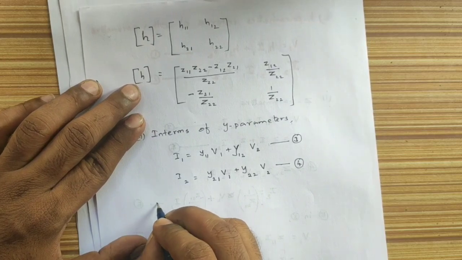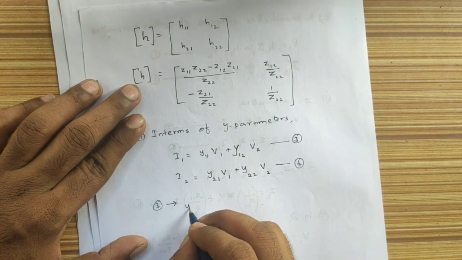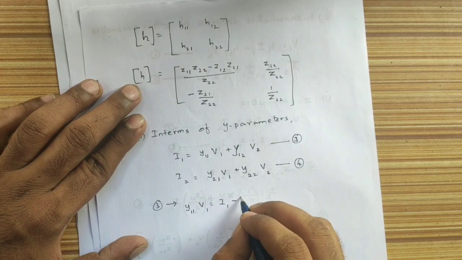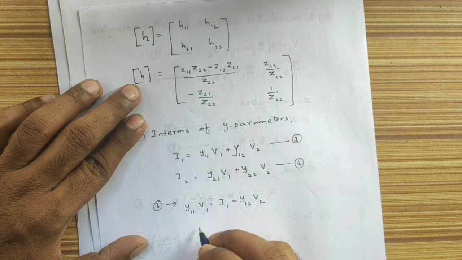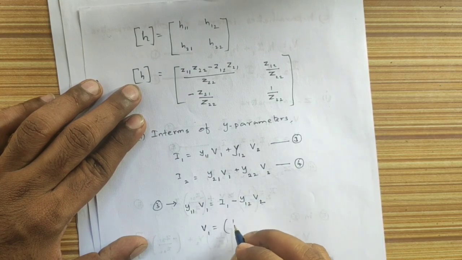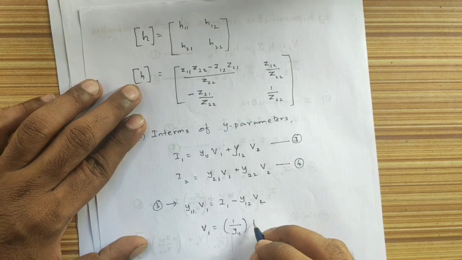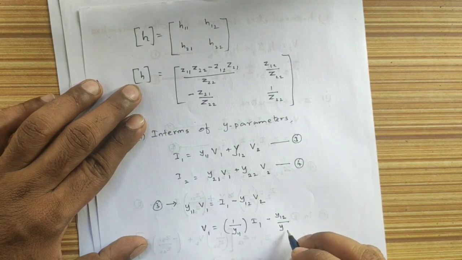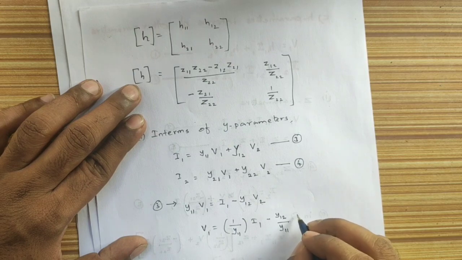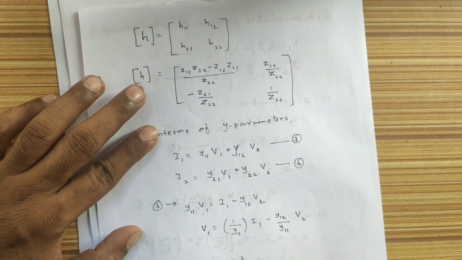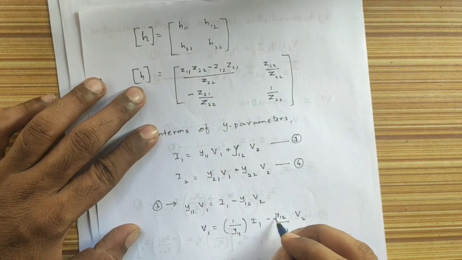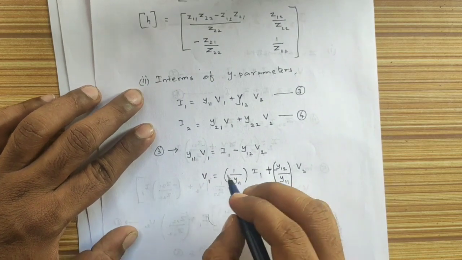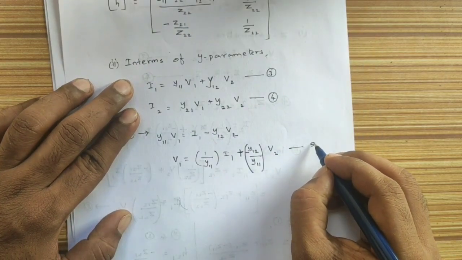So I am going to rewrite the equation number 3 here, Y11 V1 is equal to I1 minus Y12 V2, and V1 equal to 1 by Y11 into I1 minus Y12 divided by Y11 of V2. If I bring this minus inside the parameters, then it is nothing but plus. Okay, so this is equation number 5.